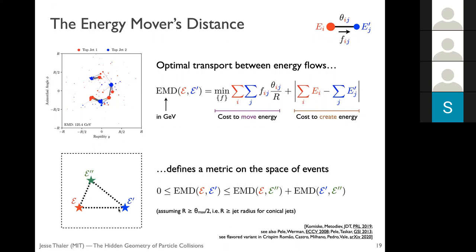So I have my red jet, I have my blue jet, now represented by single dots in this abstract space of events. I can imagine a third green jet. And what makes this a metric is that it satisfies the triangle inequality. So it's positive, and the distance between red and blue is shorter than the sum of the distances of red to green and green to blue. And there are some subtleties about choosing this R parameter appropriately that I won't go into right now.